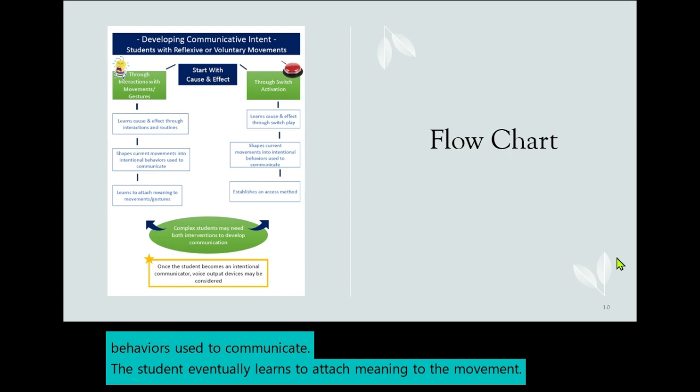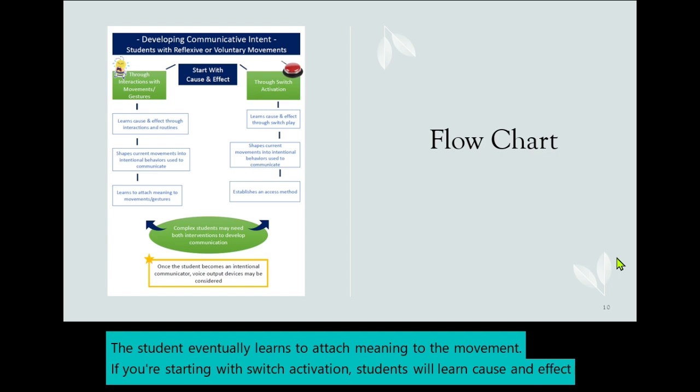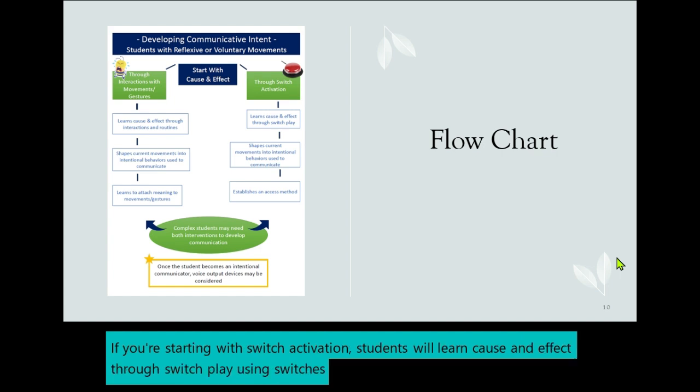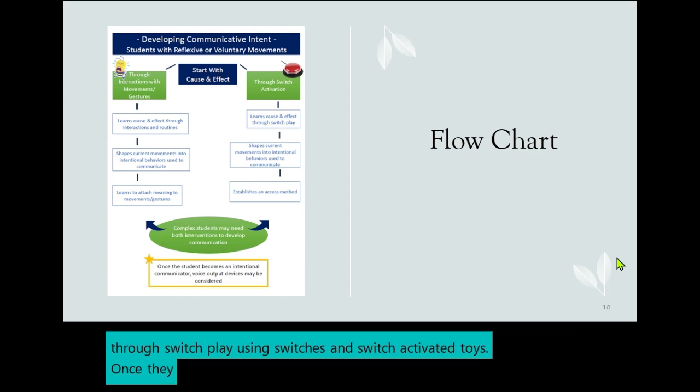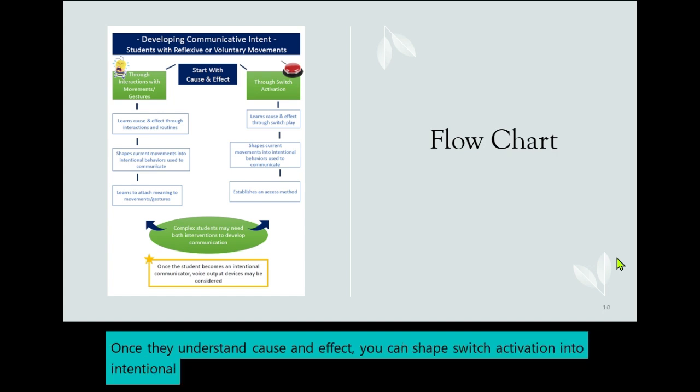If you're starting with switch activation, students will learn cause and effect through switch play, using switches and switch-activated toys. Once they understand cause and effect, you can shape switch activation into intentional communication, starting with the word more.